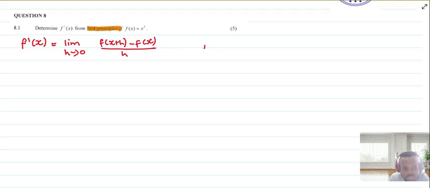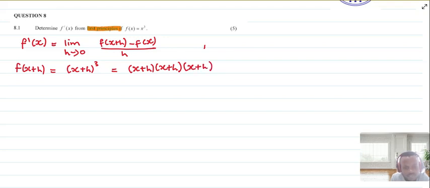So f of x plus h is equal to x plus h to the power of 3, which can be expanded as x plus h, x plus h, x plus h.